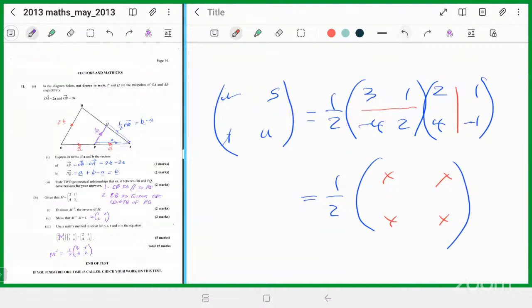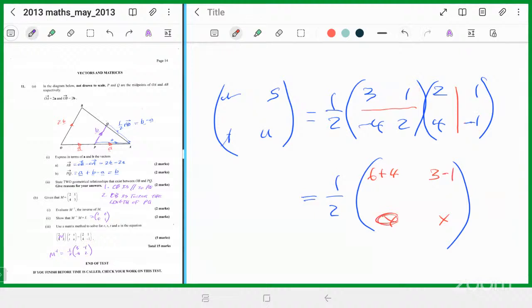For the first row, first column value, I multiply the first row by the first column: first element times first element, second element times second element. 3 times 2 is 6, 1 times 4 is 4. For the first row, second column value, I multiply the first row by the second column: first element times first element, second element times second element.